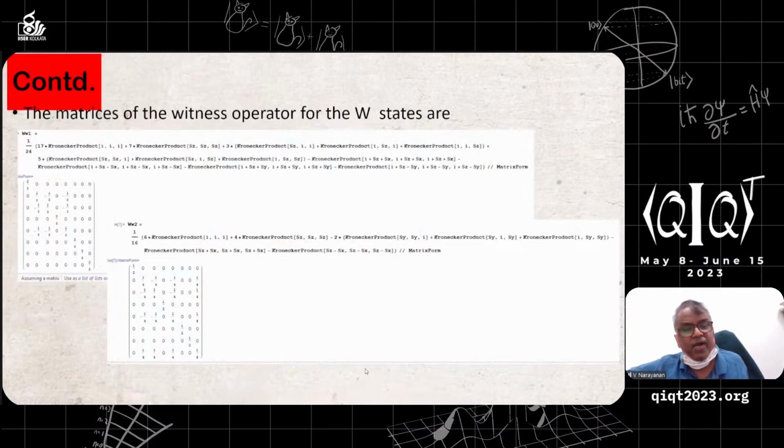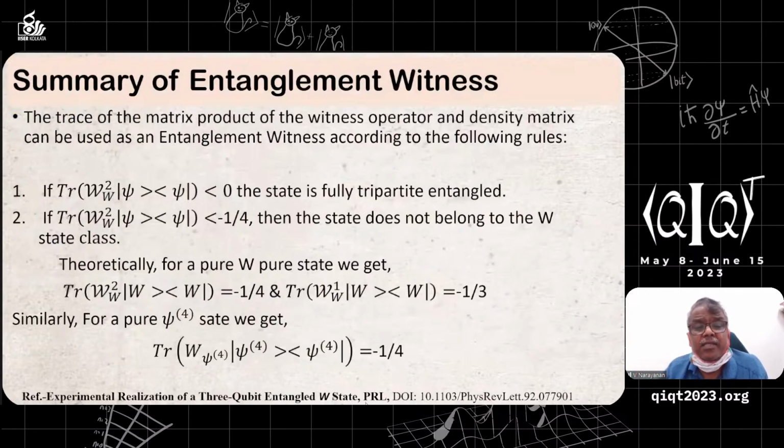Due to the lack of time, I will skip all this, but one can use Mathematica or appropriate methods to do this. In summary, one can develop the required witness operator to see multi-party entanglement, and one can confirm that the generated multi-party states are indeed 3 qubit or 4 qubit entangled states.